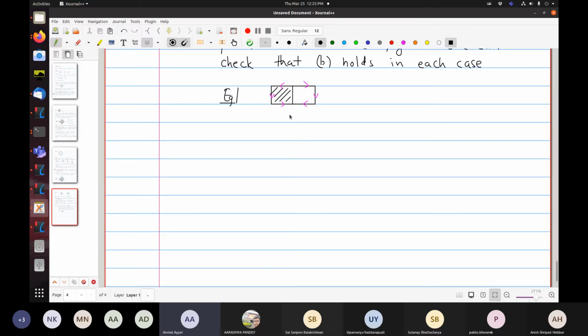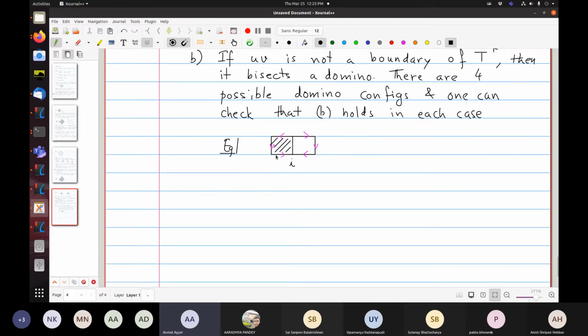So pick a number. Suppose this is i. This has height i. Then this is the boundary of a domino. So I'm assuming this is a domino. So then this has to be i minus 1. This has to be i minus 2. This has to be i minus 3. This again has to be i minus 2 and i minus 1. And the direction is this way.